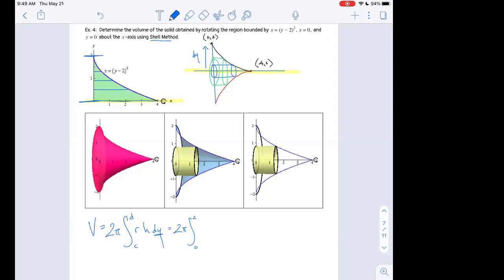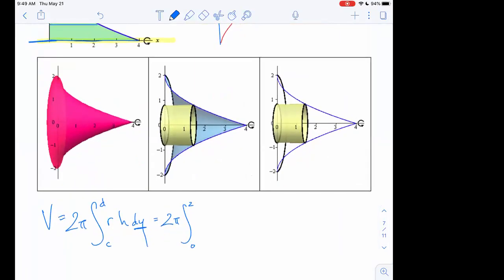So making the decision of dx or dy actually gives you a lot of direction on how to get started. And for some reason, some folks like to skip over that step, like it makes them uncomfortable. So they're like, well, let me just fill in everything else and then I'll figure out if it's dy. But if you make that decision initially, it helps you find your c and your d, and it helps you find your r. So in this case, our r is going to be a y value, okay?